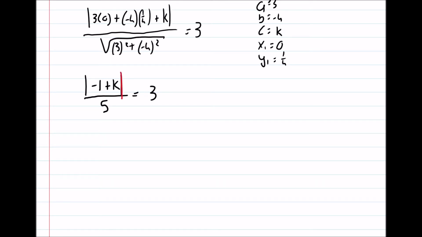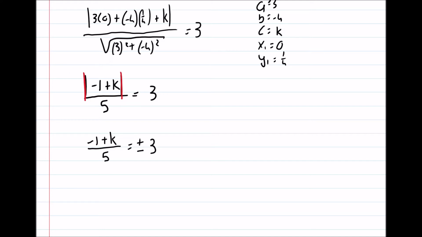Now notice here we have the modulus, which means this here is always going to be positive. And you should know from algebra how we solve that: we get rid of it. However, once we get rid of it, we look to the other side and say that's plus or minus. The other way of dealing with this modulus sign was to square both sides, but if we squared this here, we'd end up getting a messy enough sum.